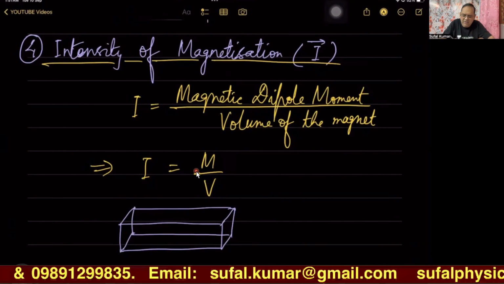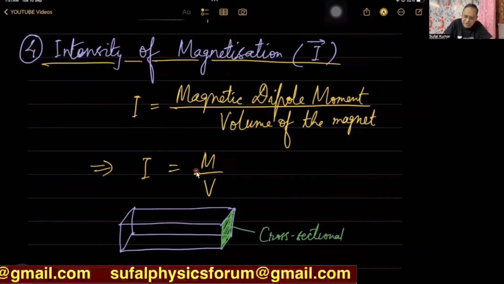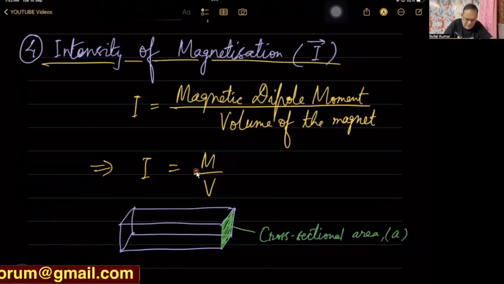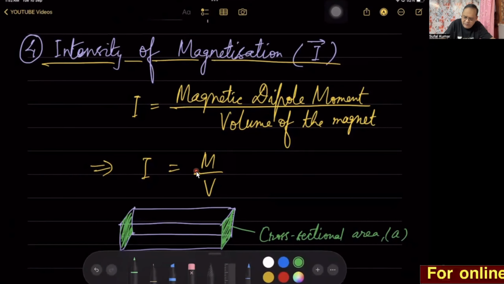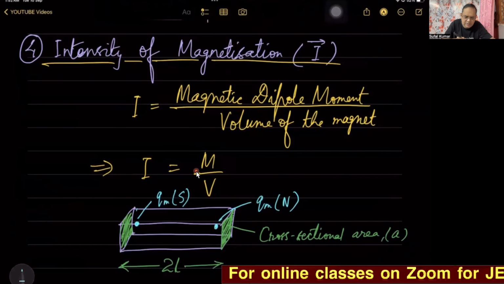So this way we have got a magnet. This is cross-sectional area A. Obviously, we would have pole strength also. Here we would have 2L magnetic length. Now what is left? Qm. For that, south, Qm, north, right?